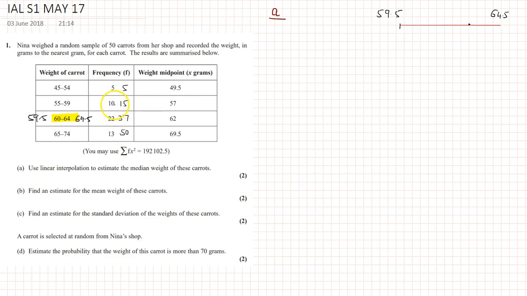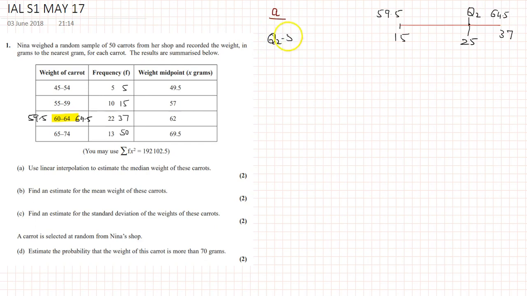This is 15. This is 37. Half of 50 is 25, which is lying here. So let's say this is Q2.